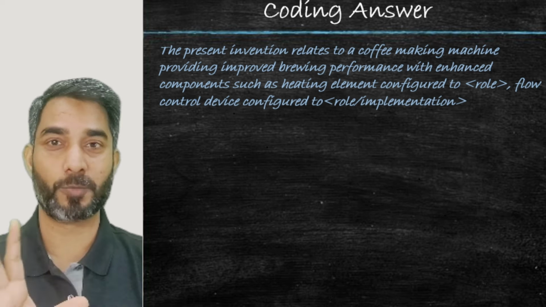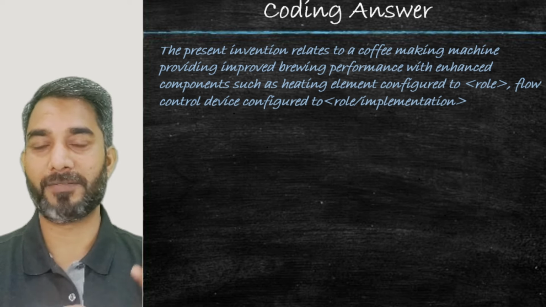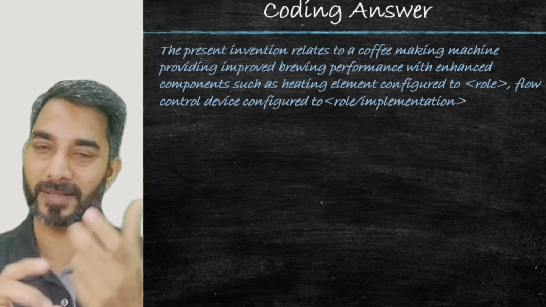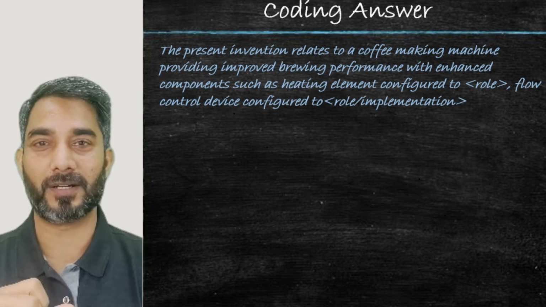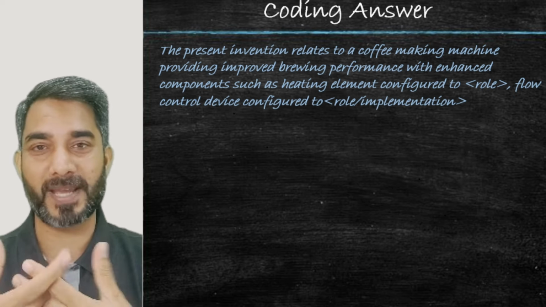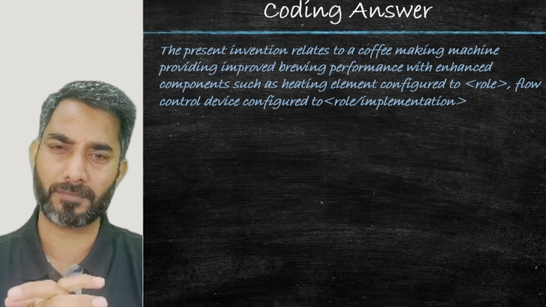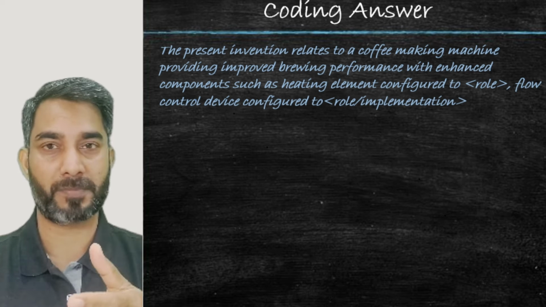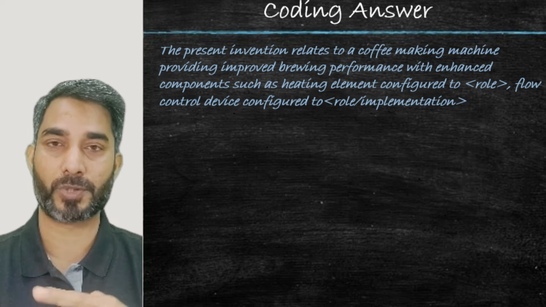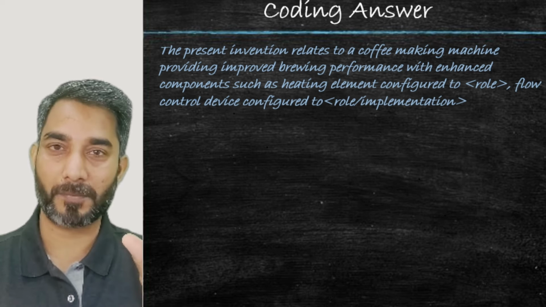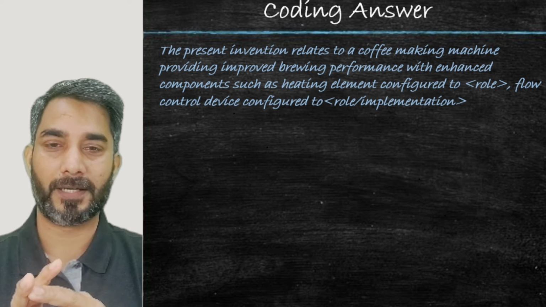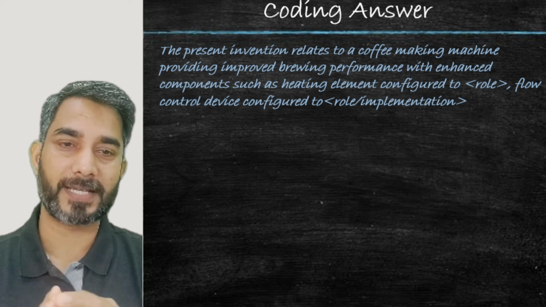As I said, I am assuming it because there is elevated pressure, there is orifice, there is rotatable plate. So I'm assuming that they're controlling the flow, they're controlling how much and at what pace it goes. So we are improving brewing performance with enhanced components, because there was this flow rate controller, there was a rotatable plate, there was an orifice with different dimensions, right? So we have components, and we identify the roles of the components, we identify the features of the components, right? We can write like this.